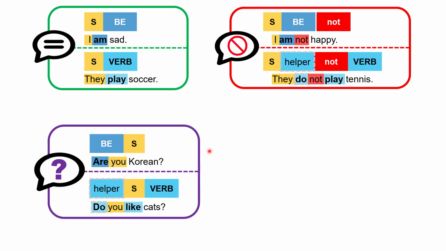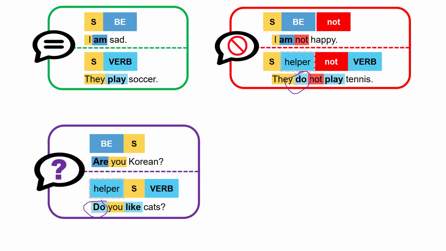So, the important thing to remember is that do happens in negative sentences if it's not the be verb, and it happens in questions.